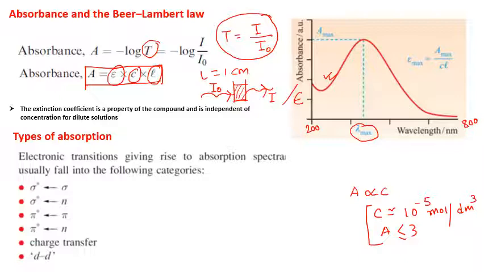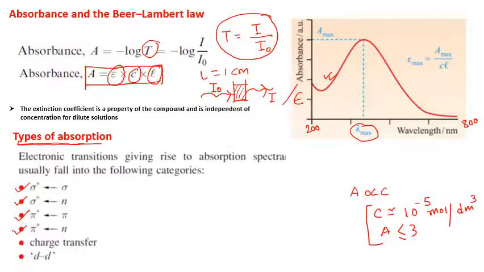Now coming to the types of absorption: how many types of absorption are possible in a molecule, giving rise to this very broad band? The electronic transitions giving rise to this absorption spectrum usually fall into the following categories: sigma to sigma star. In organic molecules, you know there are many covalent sigma bonds. Then n to sigma star, where n is the non-bonding orbital, pi to pi star, and n to pi star, non-bonding orbital to anti-bonding orbital electron transfer.